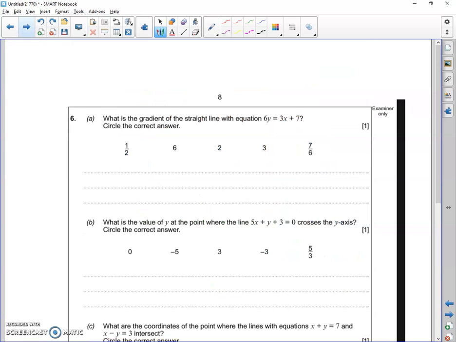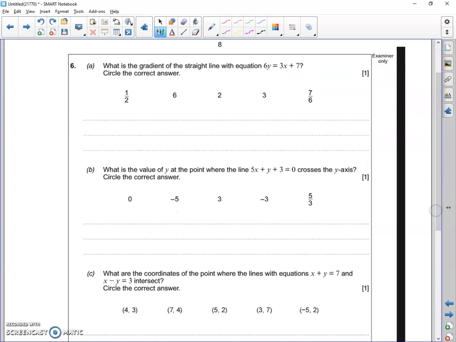Okay, number 6. This is all about graph work, gradient and intercept now. For gradient intercept, it's got to be in the format y equals mx plus c, where m is the gradient and c is the intercept. We've got 6y equals 3x plus 7.